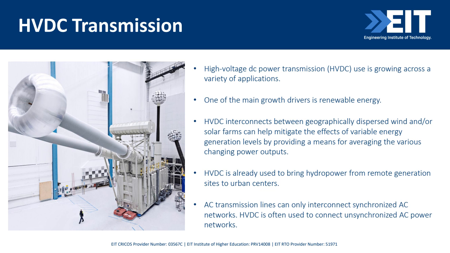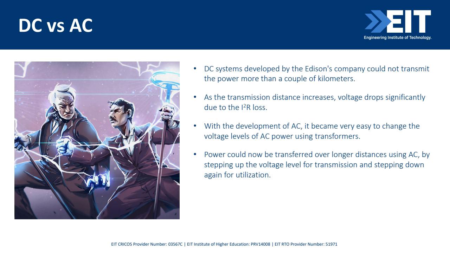Whereas with HVDC, we can often connect unsynchronized networks. That's another advantage of HVDC, that we can also use it as a linkage between unsynchronized AC power networks. So we can basically use it as a linkage between two different networks.